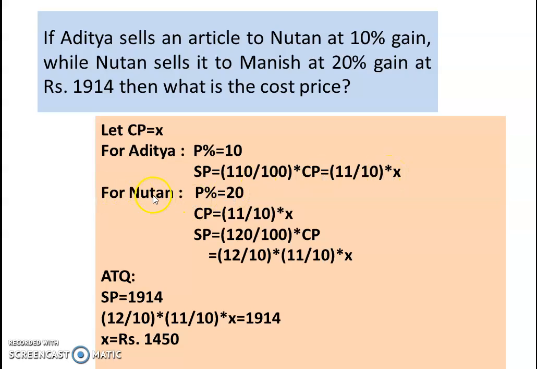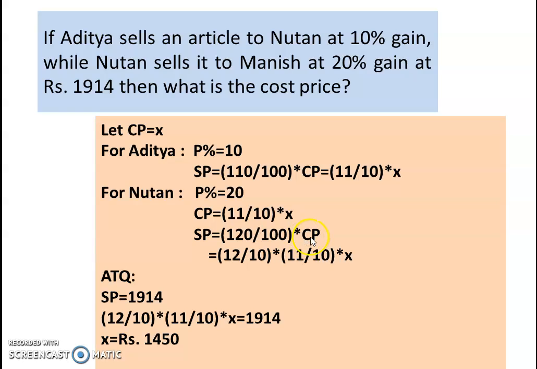Now for Nutan, this particular price is cost price, and profit percentage is 20 as it is given. Nutan sells it to Manish at 20% gain. So we can calculate SP. So SP will be 100 plus profit percentage, and that is 120 divided by 100 into CP.